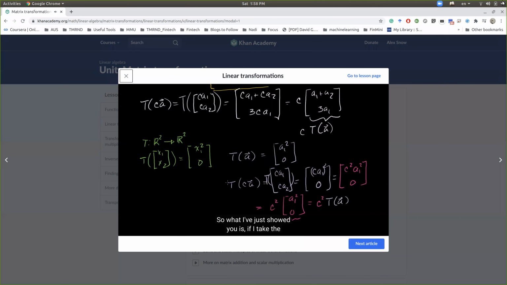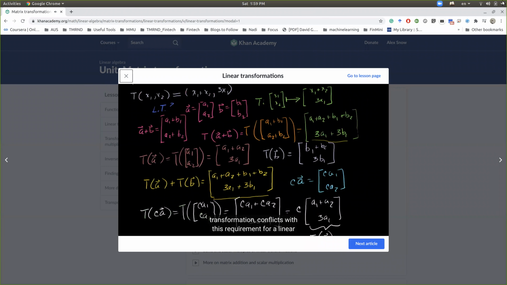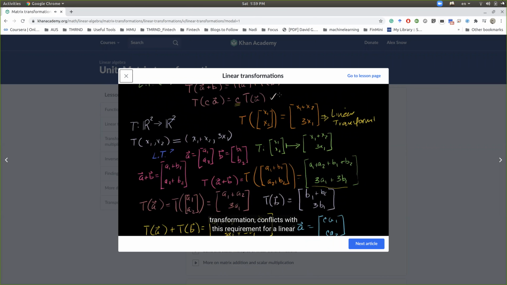So what I've just shown you is that if I take the transformation of a vector multiplied by a scalar first, for this transformation that I've defined, that's equal to C squared times the transformation of A. And clearly, this statement for this choice of transformation conflicts with the requirement for a linear transformation.